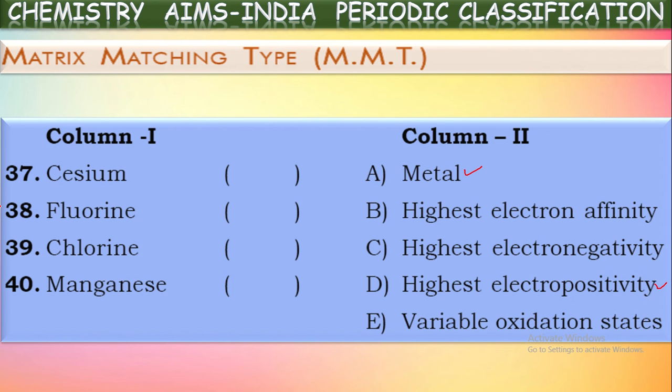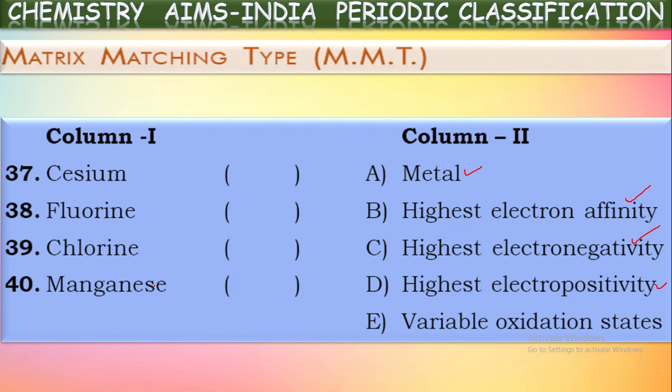Because of its greater size and lower valency, it is an element with high electropositivity. Next, fluorine. Fluorine is a non-metal halogen. It is an element with high electronegativity because of very small size and greater nuclear charge, isn't it? Next, chlorine. Chlorine is the element with the highest electron affinity, instead of fluorine. Next, manganese.